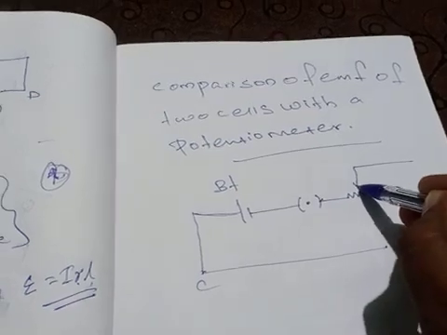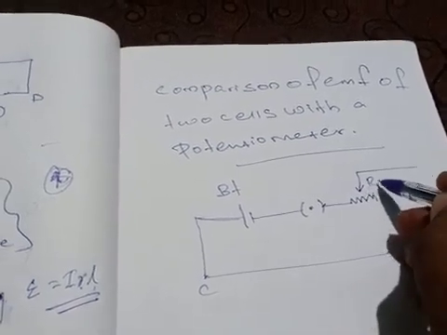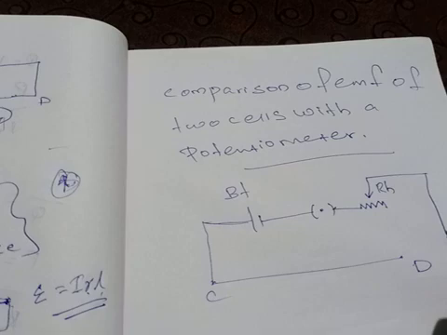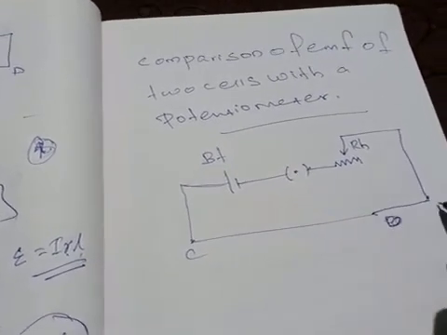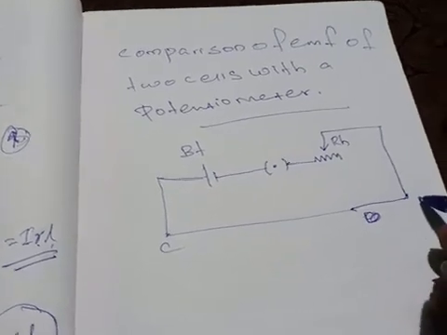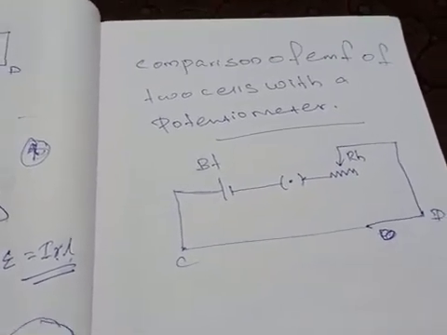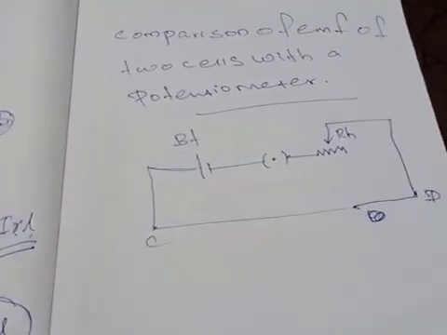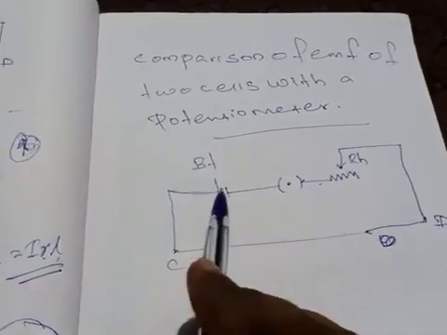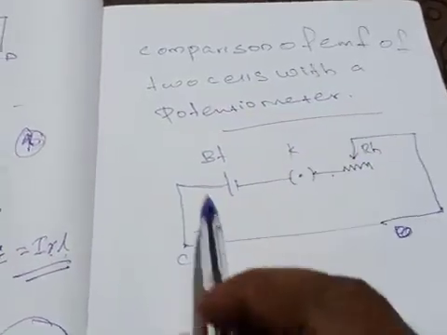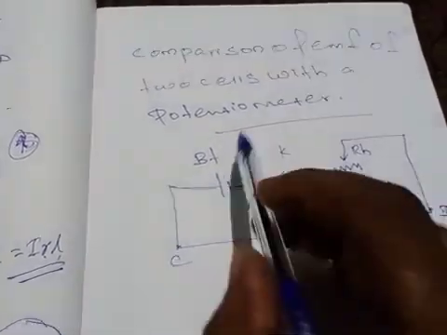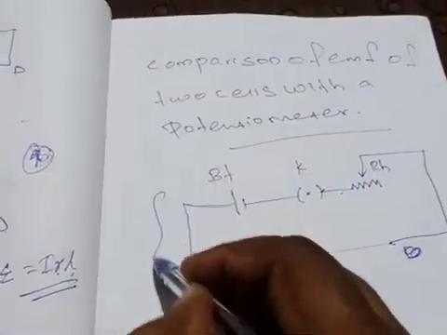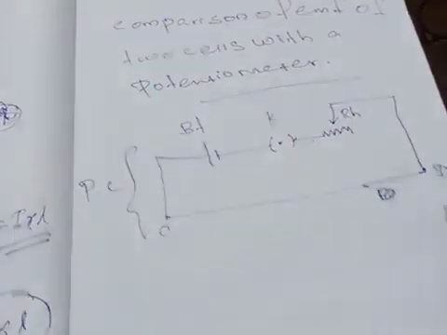Actually we use this resistance to vary the potential difference. We can change the voltage, we can adjust the voltage. That's what we are using this for. This is a key. So the potentiometer wire CD, battery and key form a primary circuit. So this is the primary circuit.